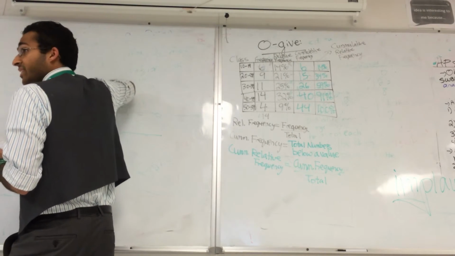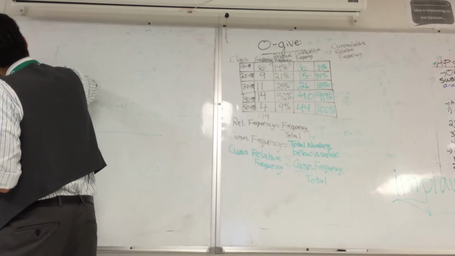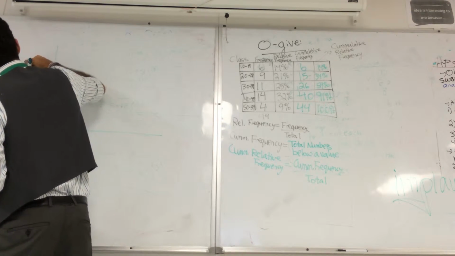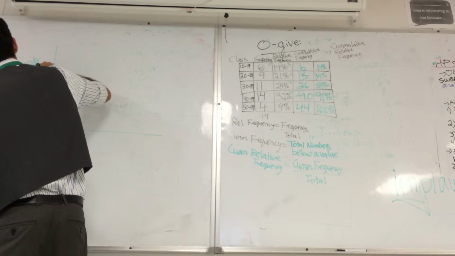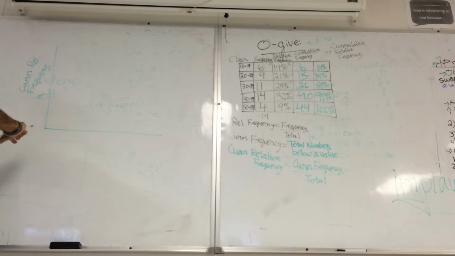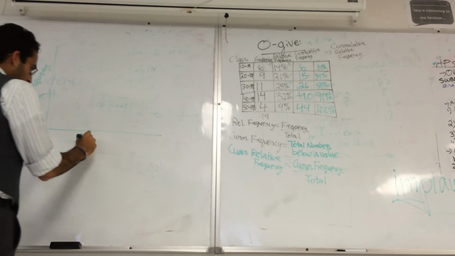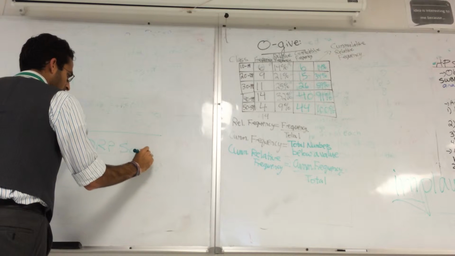On this axis, we will plot cumulative relative frequency. And over here, we will plot the scores, the DRP scores, which is the name of the test that they got the data from.